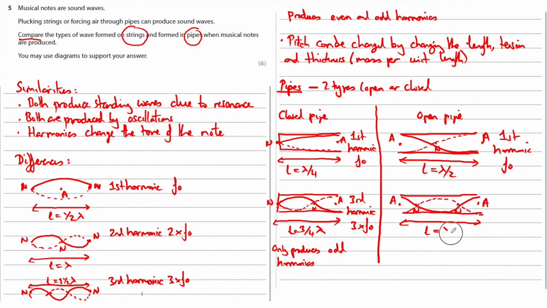So that is a whole wavelength. So that is double that frequency. So that is the second harmonic. So 2 times f0. I'm not going to do the third because we can already see that this produces all harmonics like the string instruments.